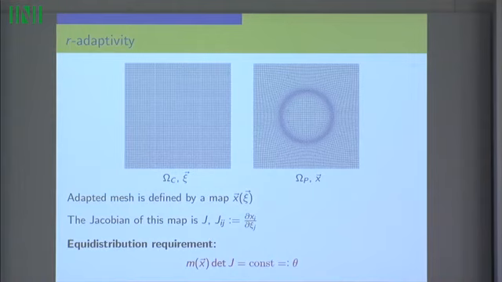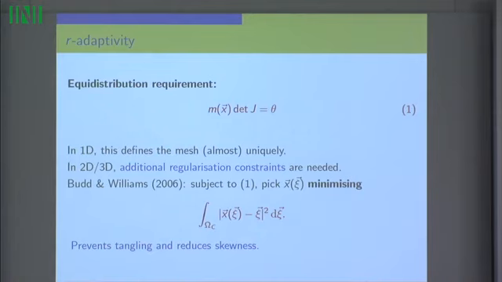So that is our equidistribution equation, mJ is theta. And that was exactly the equation I was writing down in one dimension on Wednesday. As I wrote it down on Wednesday, I didn't say very much about it. It's very easy to solve in 1D. It has a unique solution.